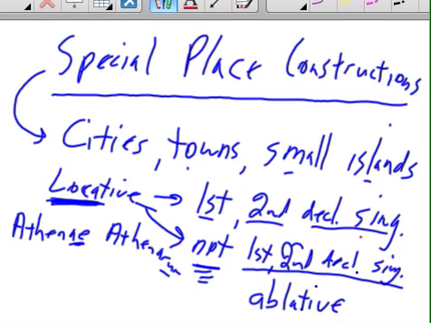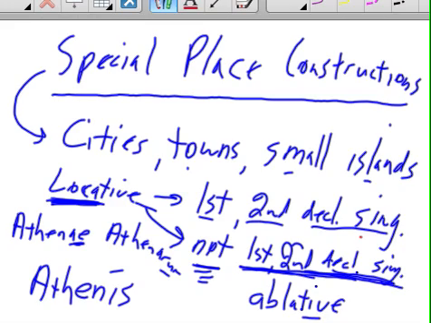Well, it's not first or second declension singular. So we're going to use the ablative form to say in Athens. The ablative form of Athenae is Athenis, right? Because it's plural, it's a plural form. So the ablative plural is Athenis. So that's how you say in Athens. Athenis.